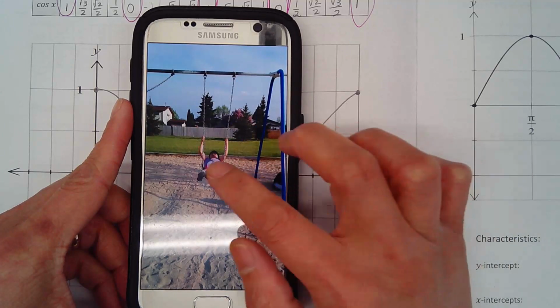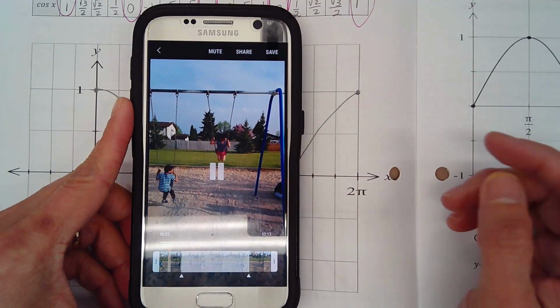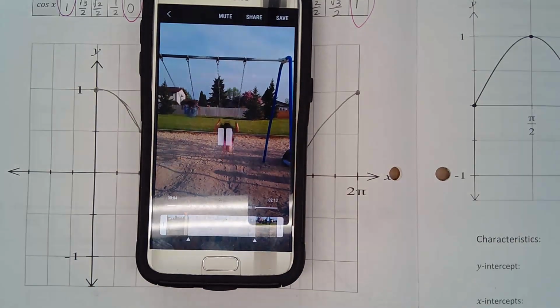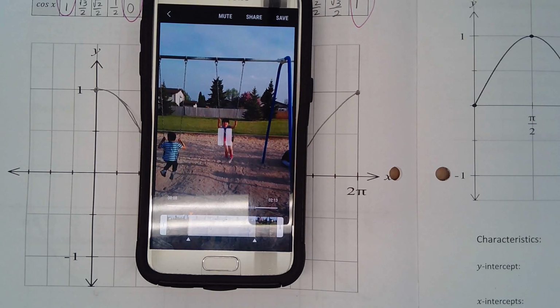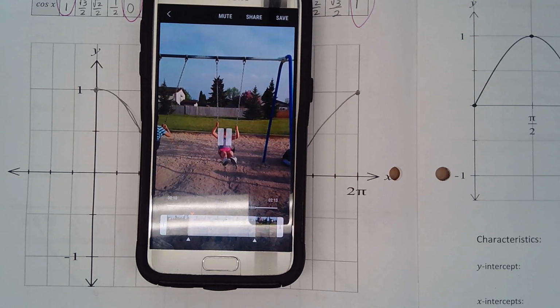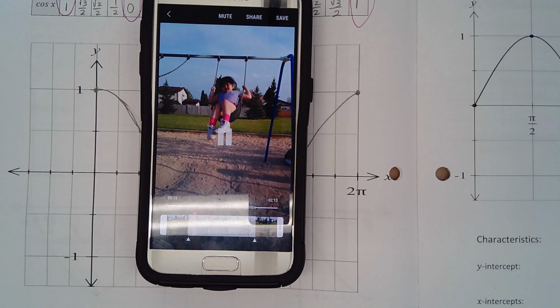Ah, no, this is my kid. What's happening there? Oh, this is slow motion. This is a great part. So you're thinking math when you're at the park? Yeah, I'm thinking about math when I'm at the park.